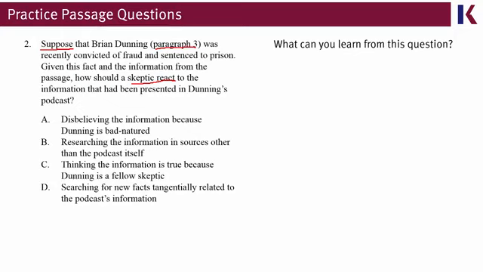So you might have actually moved straight from the plan step to the execute step by coming up with a prediction along the lines of, a skeptic would be skeptical of this information. Which answer choice shows a skeptic being skeptical? Well, letter B, researching the information in other sources than the podcast itself.